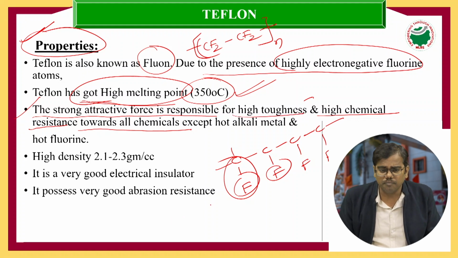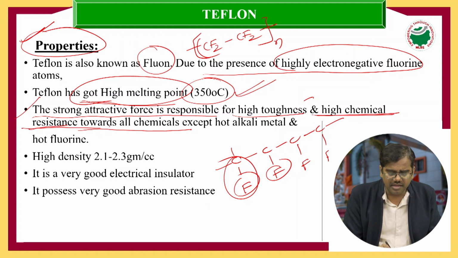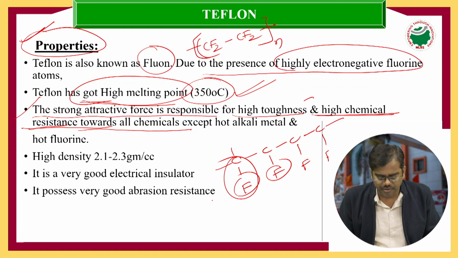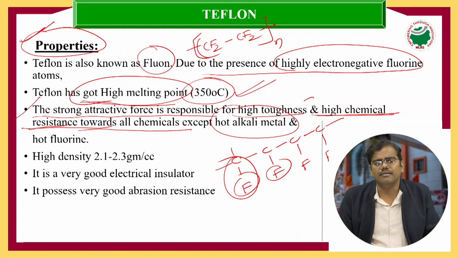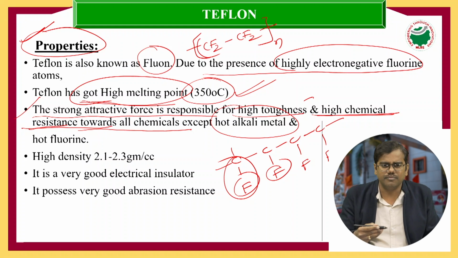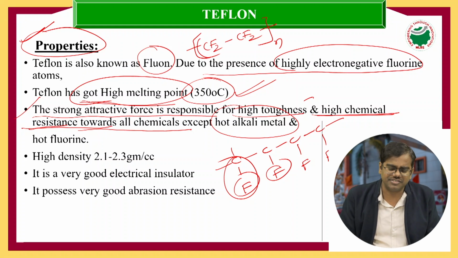It's a very strong polymer, with high toughness and high chemical resistance. It does not react with any chemical compounds except alkali metals, that is, first group A elements and second group A elements like lithium, sodium, potassium.